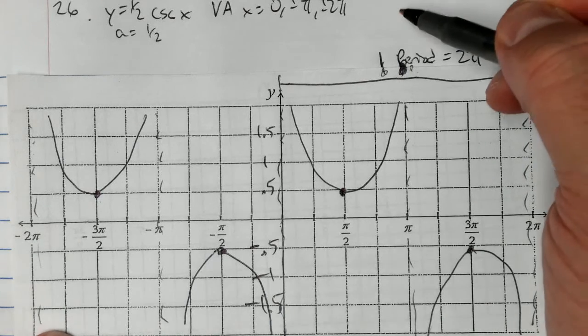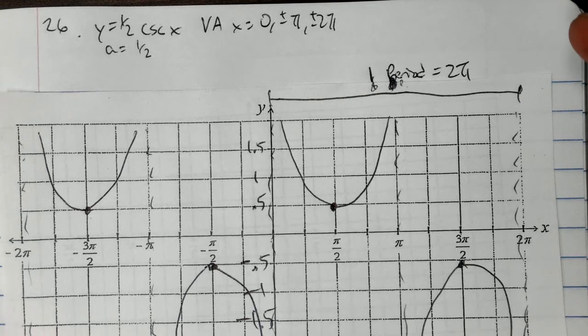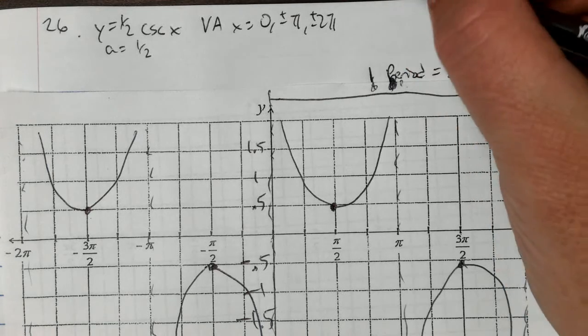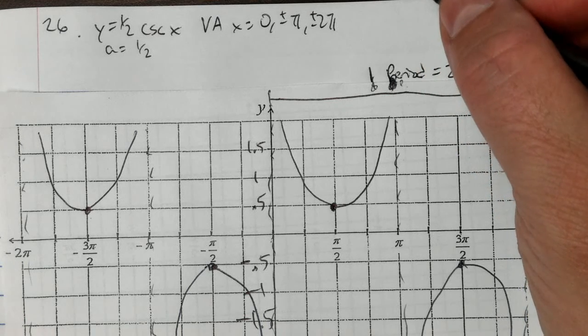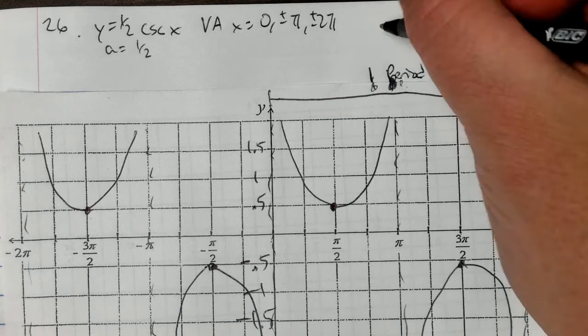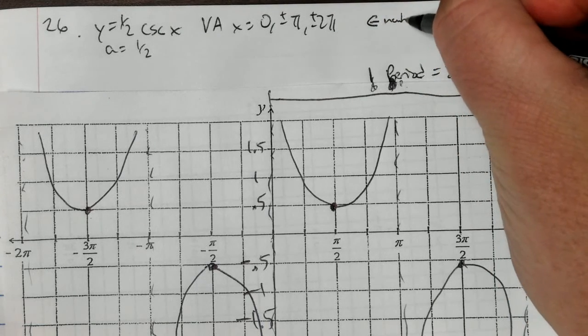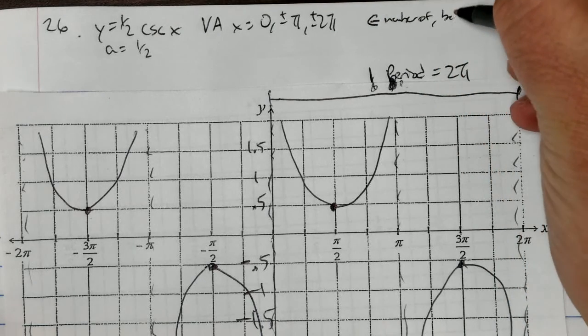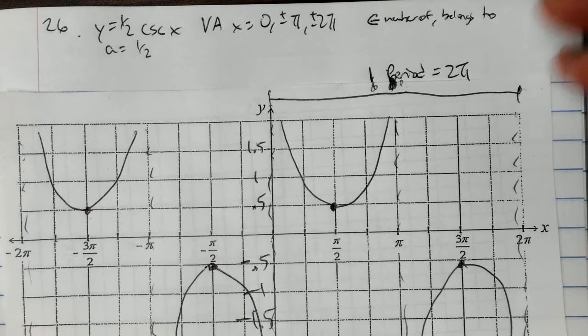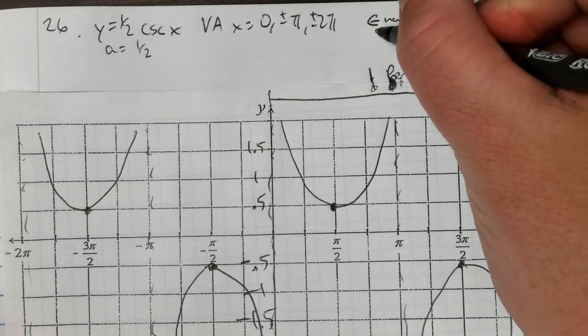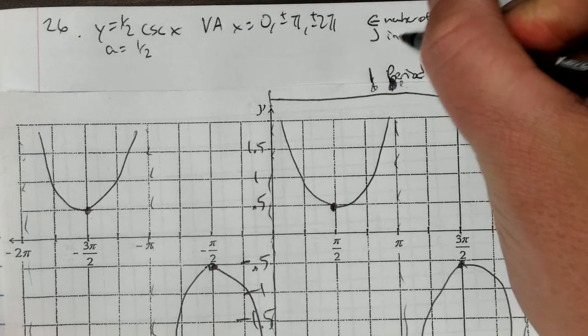Now on Math Excel, they have this worded a little bit different. They have the symbol like this, which means member of or belongs to. It's kind of like a weird E, member of or belongs to. And then J for integers.